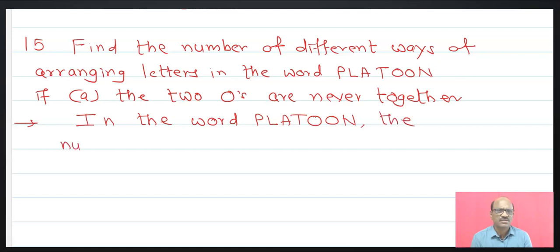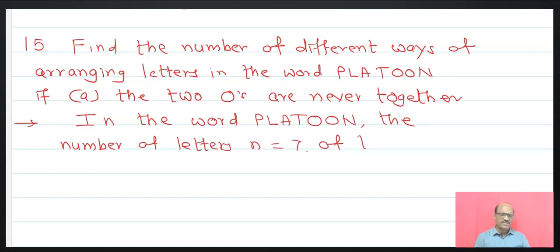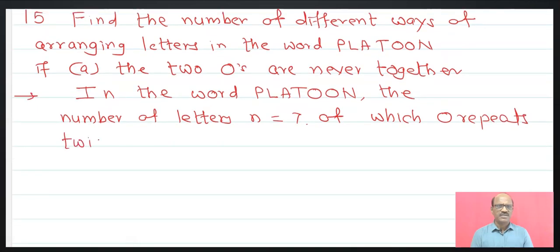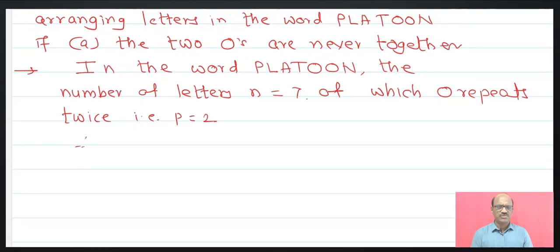That is in the word platoon, the number of letters n is equals to 7, of which O repeats twice, that is p is equals to 2.